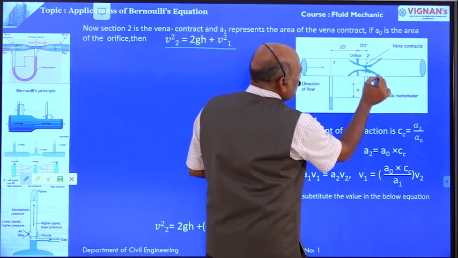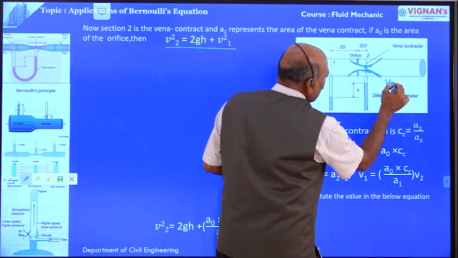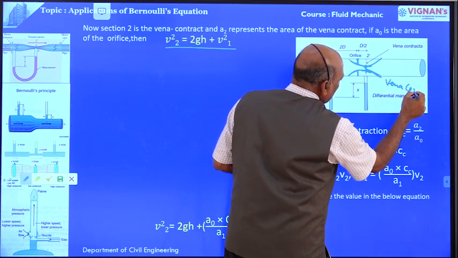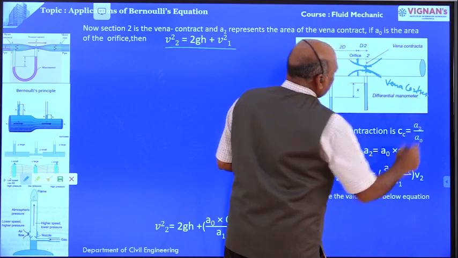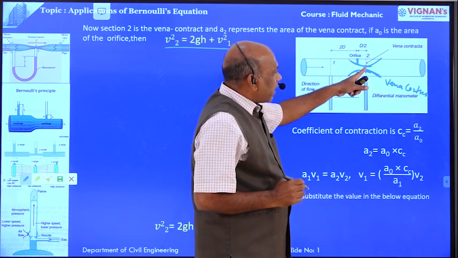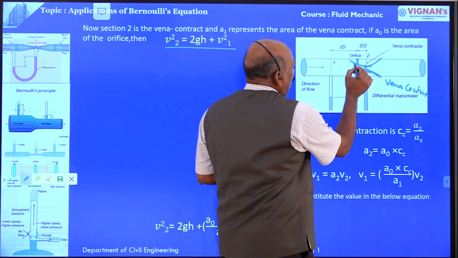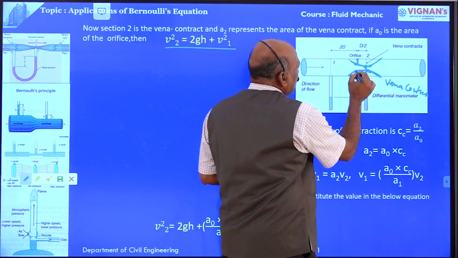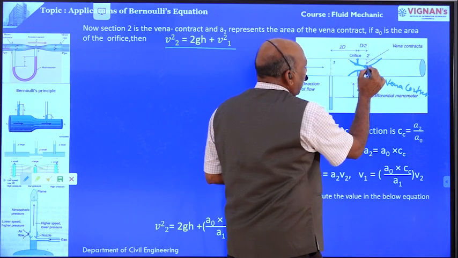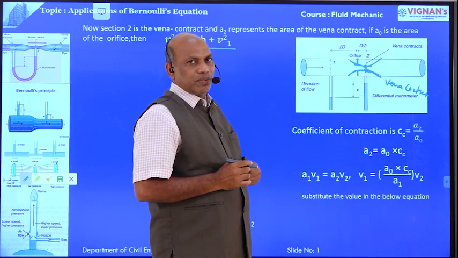This point is also known as section 2-2, taken at the vena contracta. But now the diameter of the orifice is more than the diameter of the vena contracta.